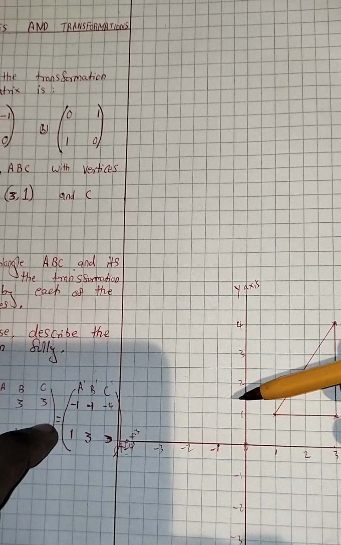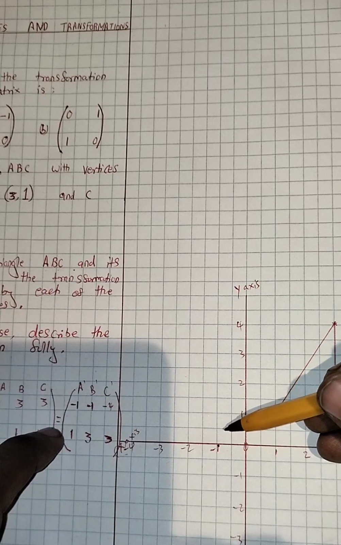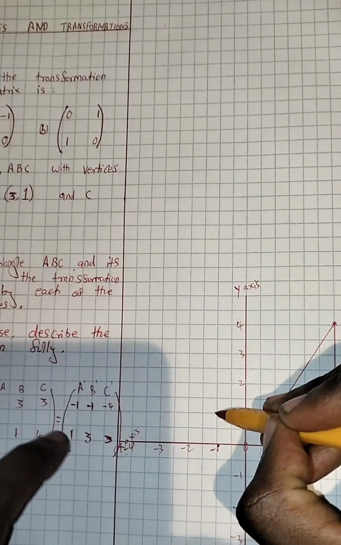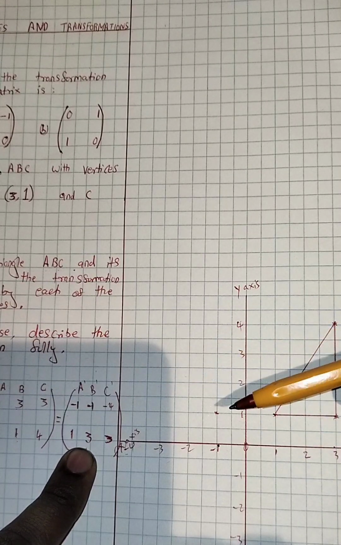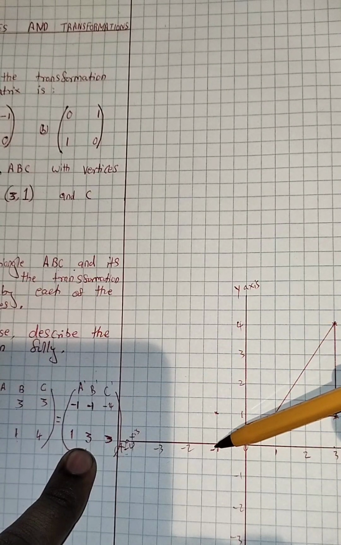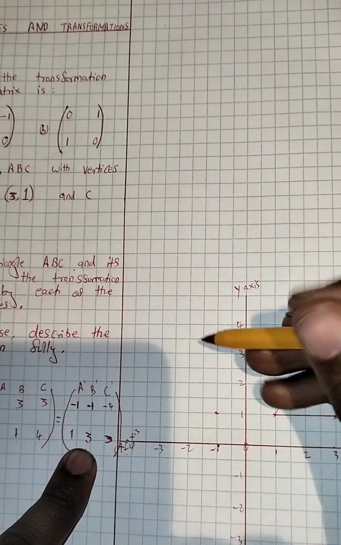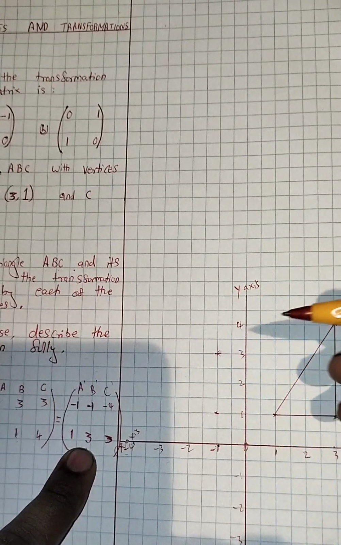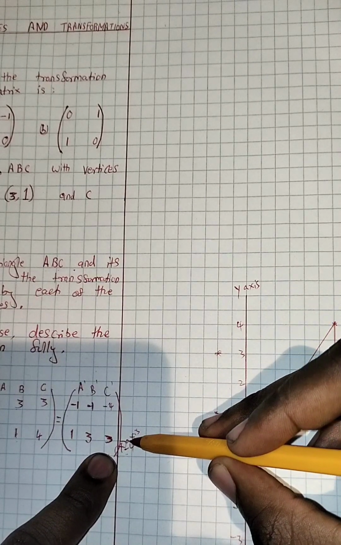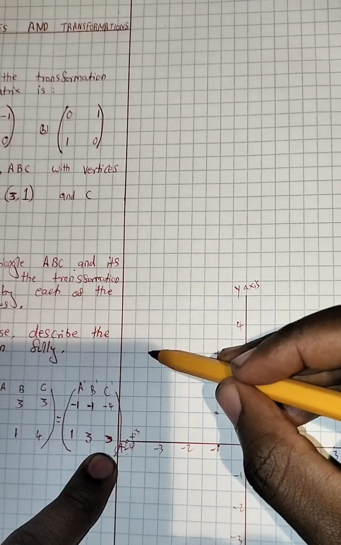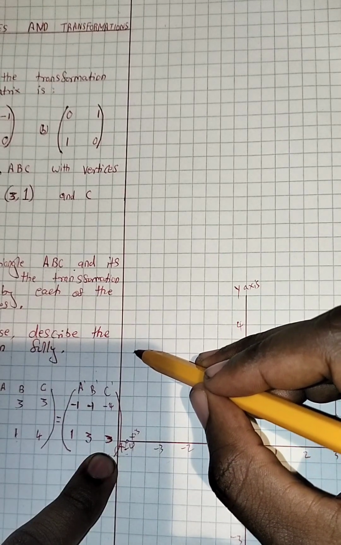At the x-axis, -1. At the y-axis, 1. You get it here. Next, you're going to get it at -1, then +3. -1, +3. Then you're going to get the other one at -4, +3. At -4, +3. They meet here.